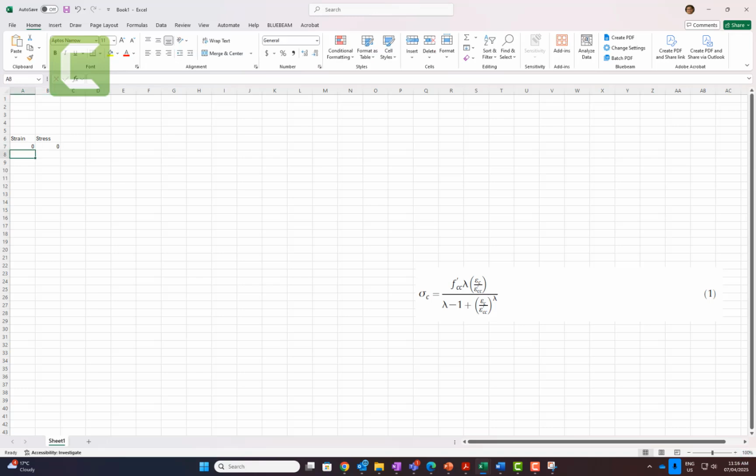Now to start with, we can just give the inputs. So what inputs do we need? Let's say the inputs that we need is FC dash, and the FC dash that we're going to use is, for example, 50 megapascals. And then we have a width, which is 150 millimeters, and that is also the depth, D, or you can make it 2 separates, that is no issue.